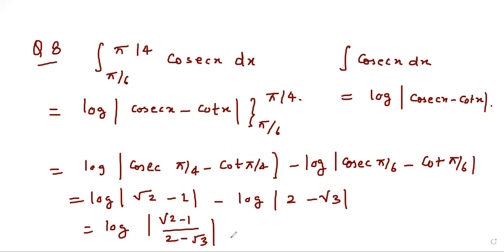Now let's go to question number 9. Integration 0 to 1 dx upon root of 1 minus x square. We know that integration of dx upon root 1 minus x square is sine inverse x.